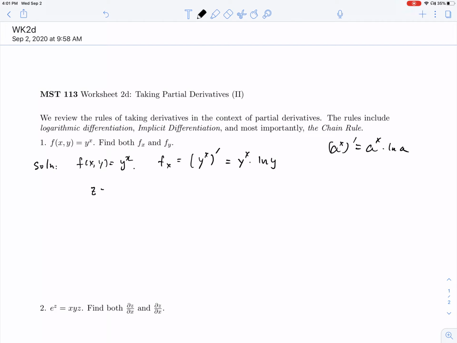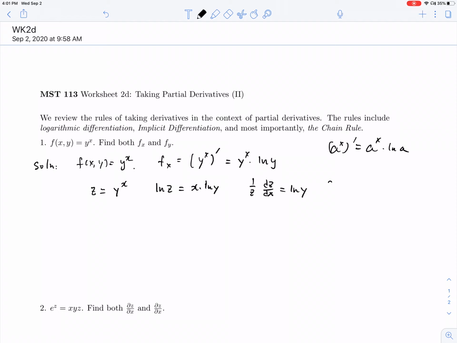Say z is equal to y to the x, right? So log z is equal to x log y, right? That's what we have. Now we take the derivative of both sides with respect to x. So we have 1 over z times partial z partial x, which is equal to log y.